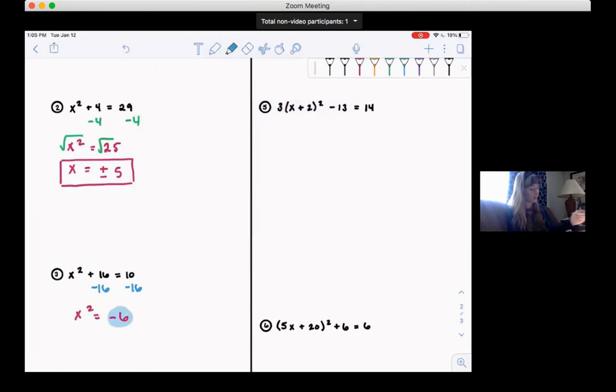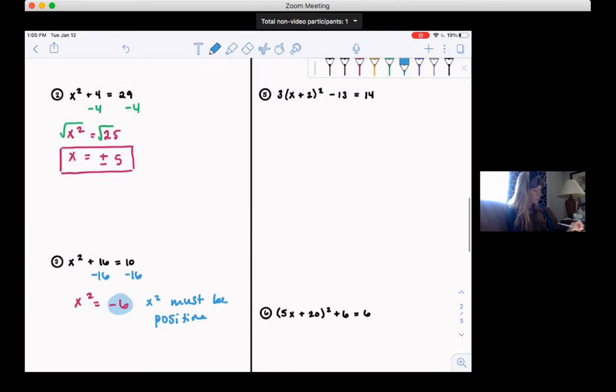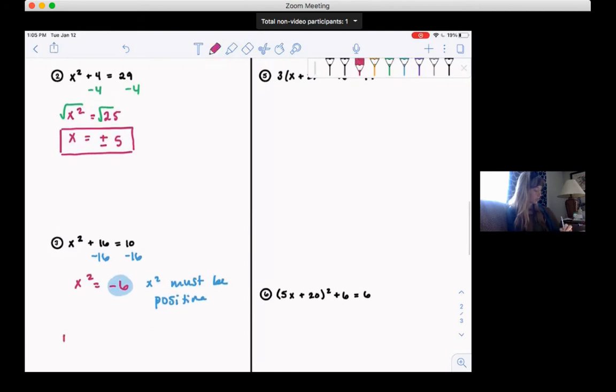It has to be positive. So our conclusion here is that this equation has no real solutions because x squared cannot be equal to a negative number.